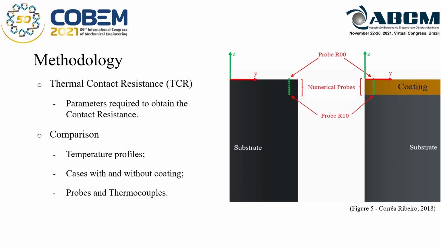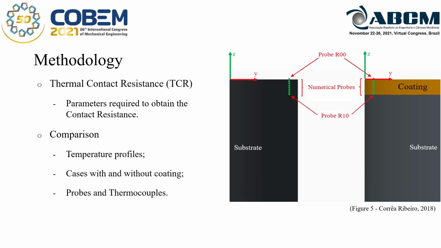In order for the COMSOL software to calculate the contact resistance, it was necessary to collect the data used as parameters between any two domains from the literature, namely the convective heat transfer coefficient present in the air-filled interstices, the mean surface roughness, the slope of roughness peaks, the softer surface hardness, and the contact pressure. In this work, the values adopted for the required parameters were taken from the work of Correia Ribeiro 2018.